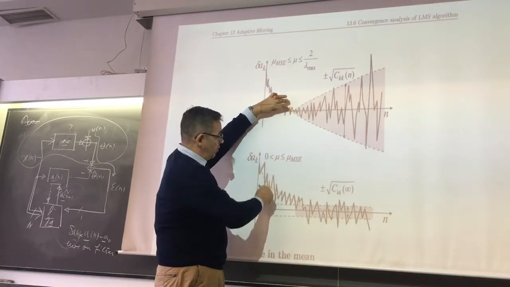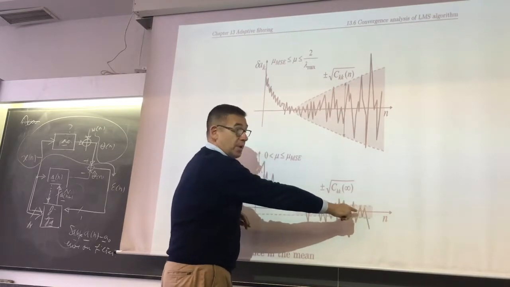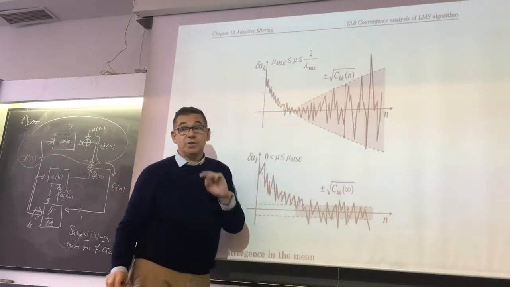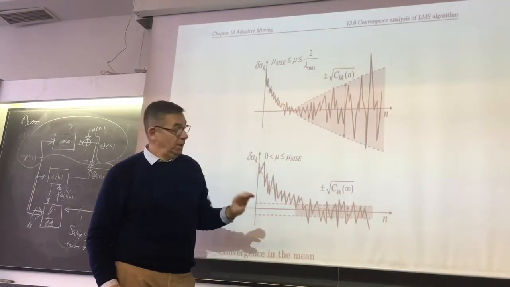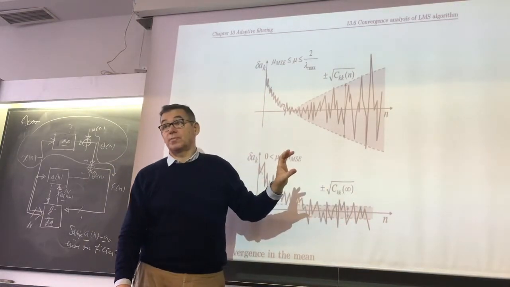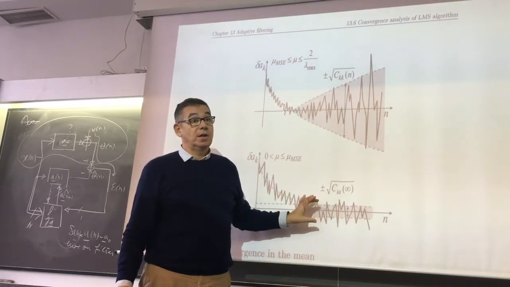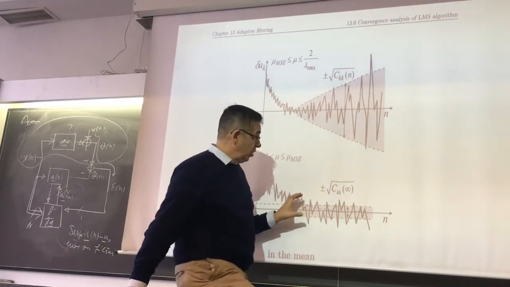So it fluctuates for a longer time. But after a long enough time, it's fluctuating within a certain bound. And this is the convergence in mean square.